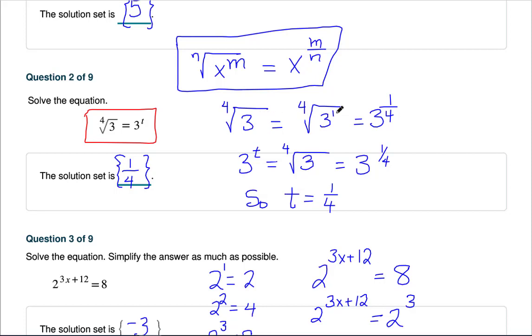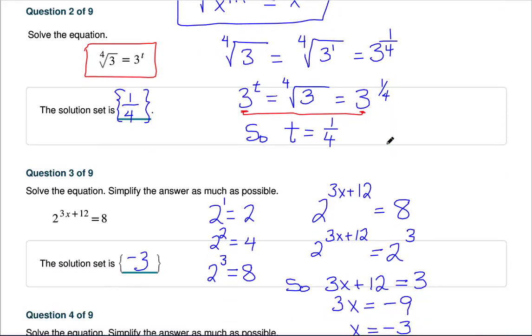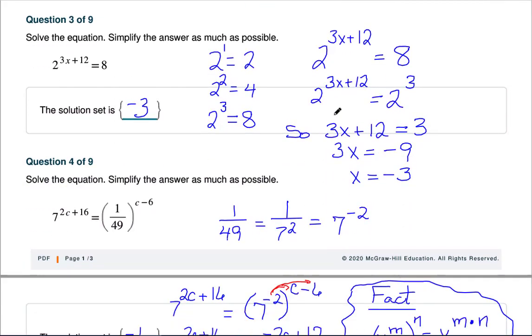Well, 3 to the 1 is 3. And so this is really 3 to the 1/4 power. And so 3 to the t equals fourth root of 3 is really 3 to the 1/4. And again, you can see we have the same base now. And so we can conclude that t is 1/4. Hopefully this is making some sense.